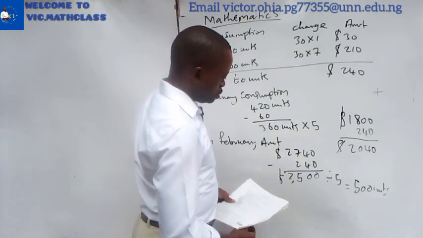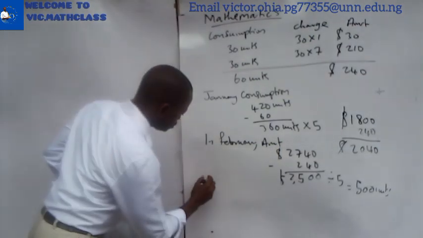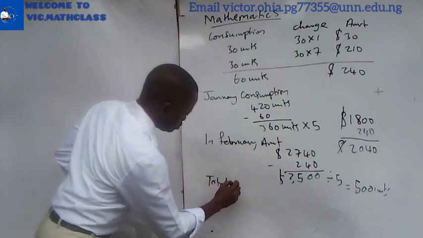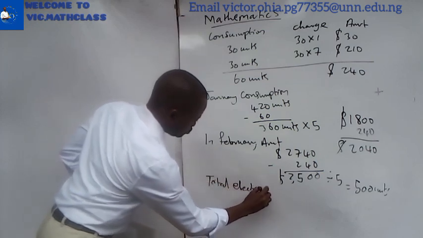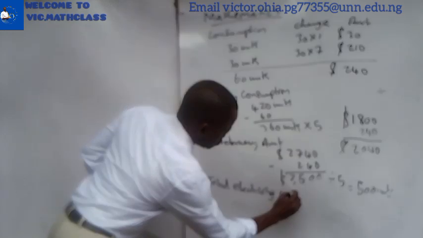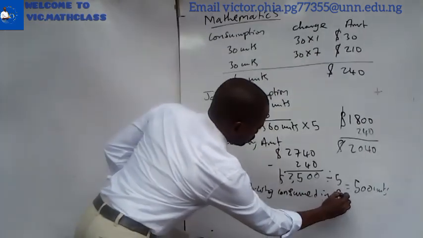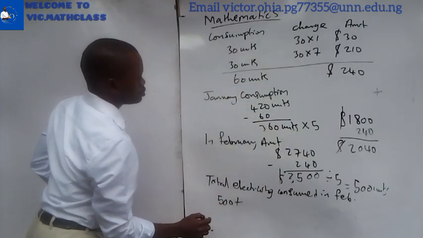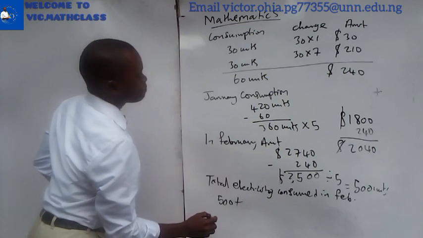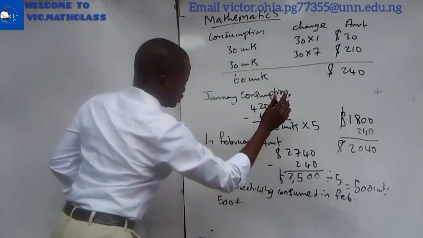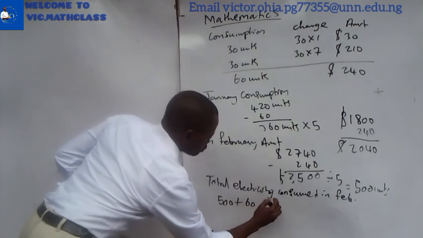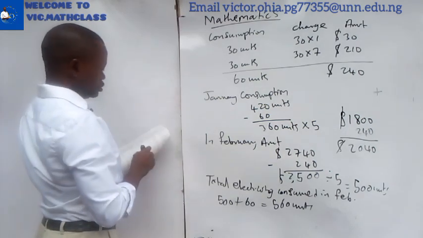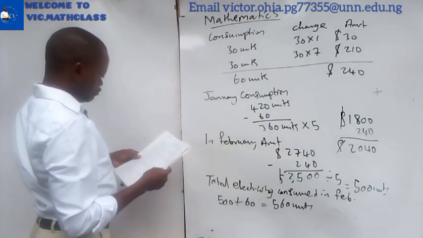So, obviously, we are going to have total electricity consumed in February to become 500 plus 60, 30 here, 30 here, plus 60. That will give us 560 units. 560 units that were consumed in February.